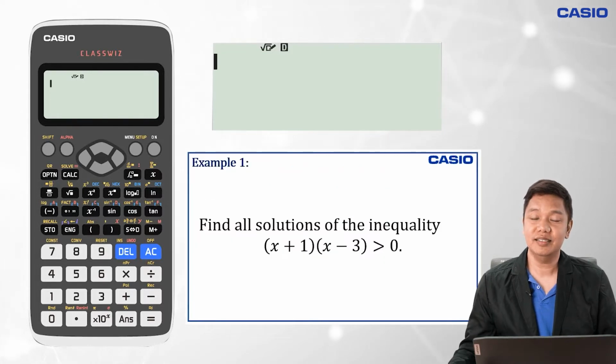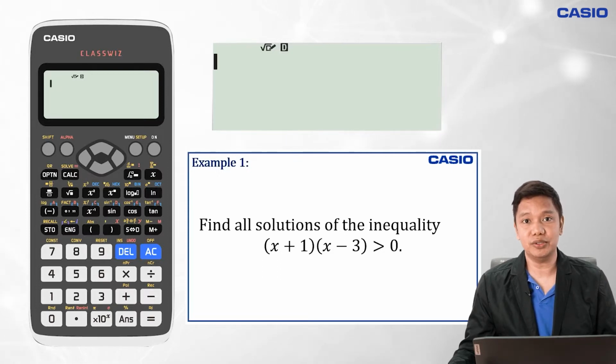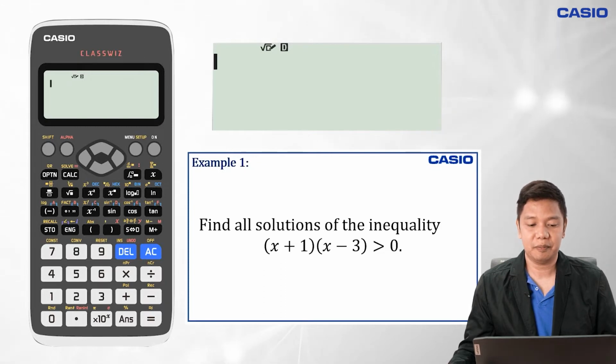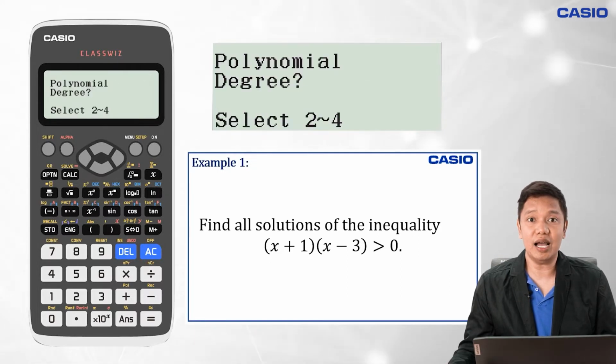As a starter, let us have this first example. We are asked to find all solutions to the inequality, the binomial x plus 1 multiplied by the binomial x minus 3 is greater than 0. To do so, we need to press menu and then the degree minute second to activate our inequality function.